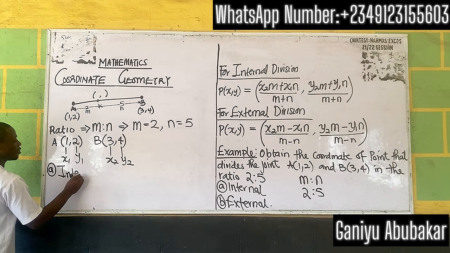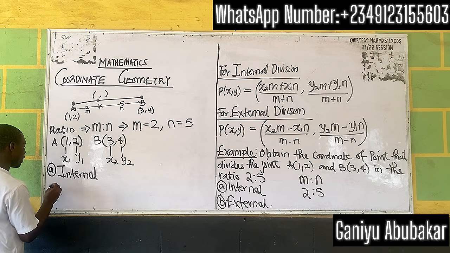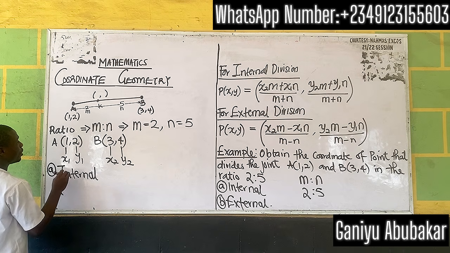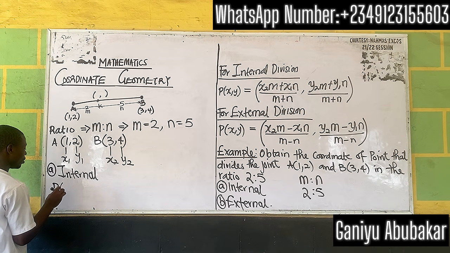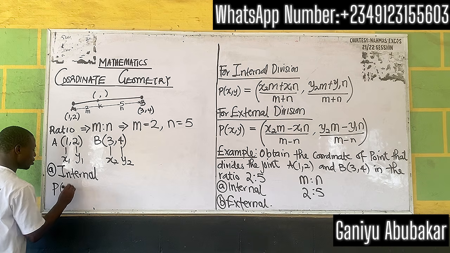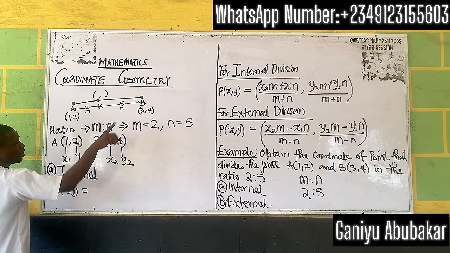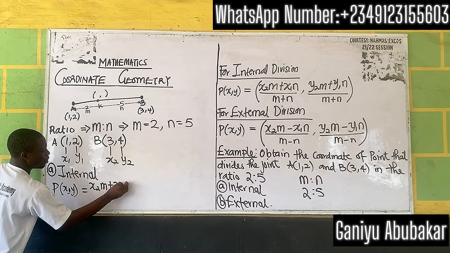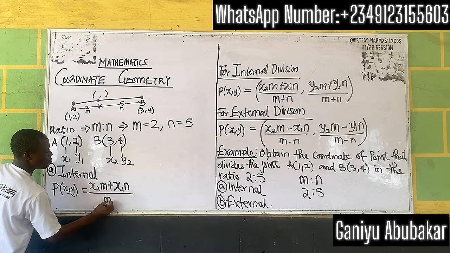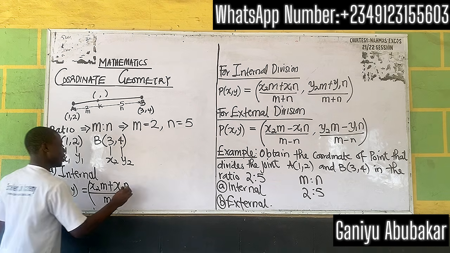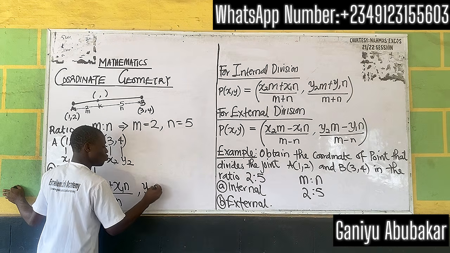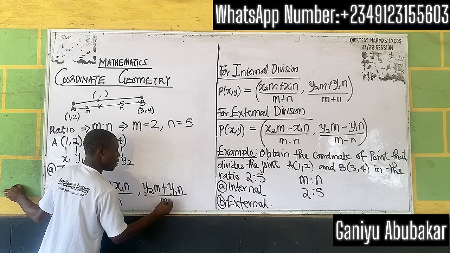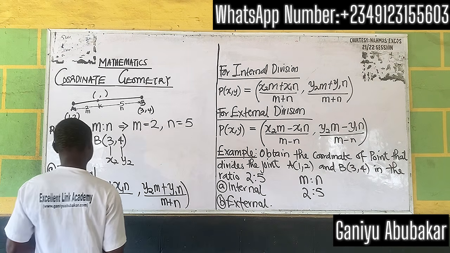For internal, the formula is given by the point P, in this case x, y, which is equal to (x2m plus x1n) all over (m plus n), comma, (y2m plus y1n) all over (m plus n).